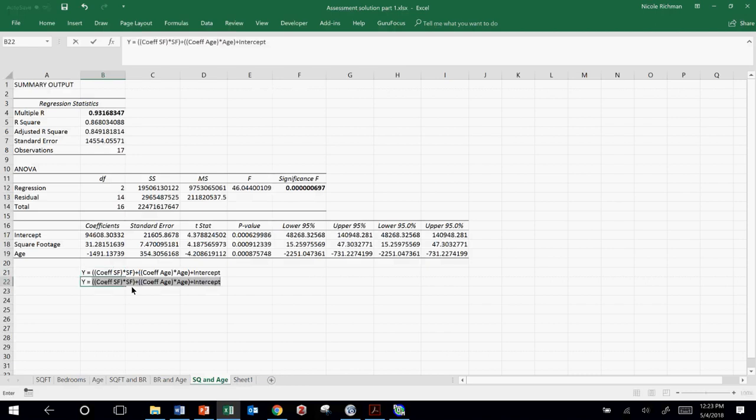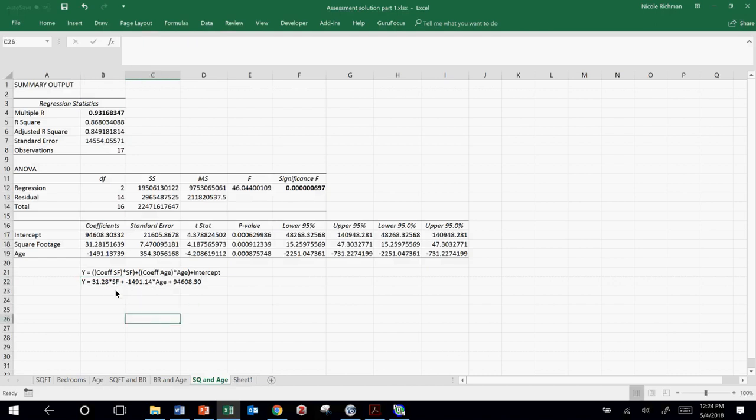or y equals 31.28 times square footage plus negative 1491.14 times our age plus our 94,608.30.